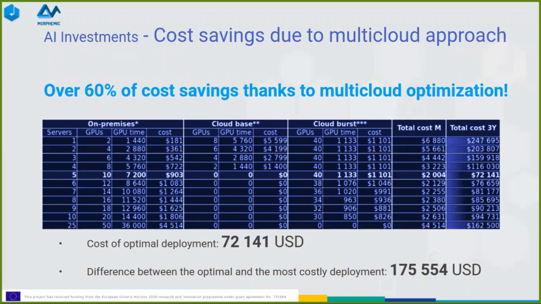In this table, we are comparing the cost of this hybrid model, with on-premises and cloud resources used on demand, to the cloud-only model, which is presented first, and the on-premises-only model, with the same parameters. As you can see, in both cases the cost is much higher.